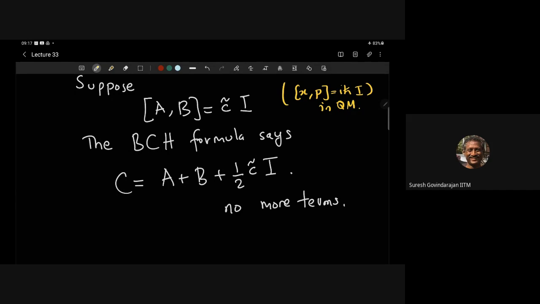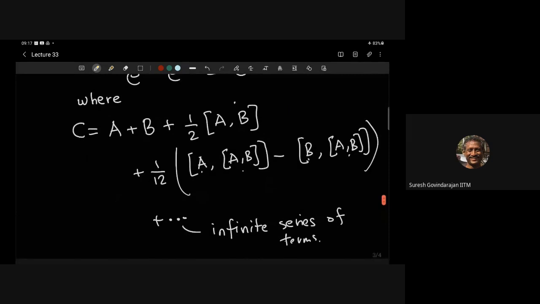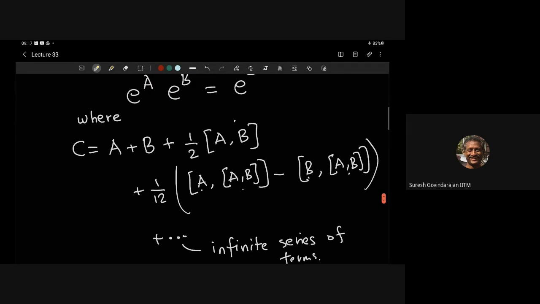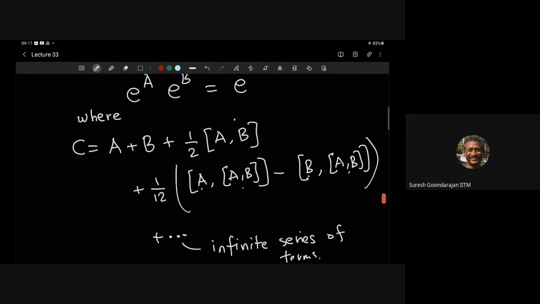Is this clear? Something which I would like you to do is to actually derive this formula up to the order that I have said, which is three terms. A plus B is the 0th order term, this is first order and this is second order.